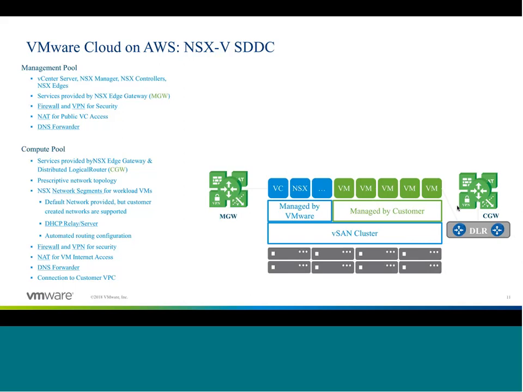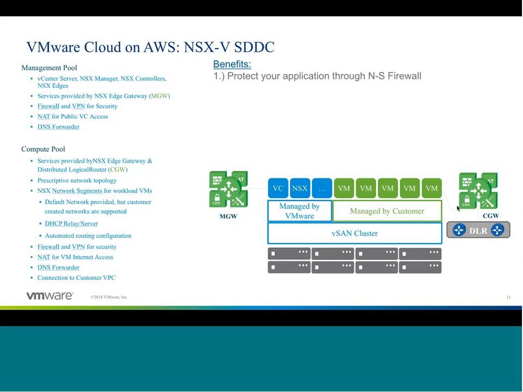Very prescriptive topology, and a default network segment is also created, but the customer can create additional network segments as well. There's DHCP functionality, and also firewall and VPN here as well, and NAT for VM internet access can be configured, in addition to DNS and connectivity to the native AWS services.